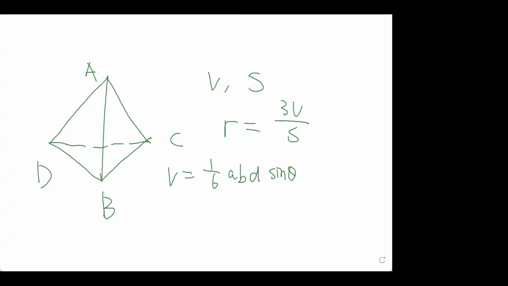I forgot to mention it, but from the Steiner theorem you can get it. If you put them together, you can get R is smaller than half of ABD over S. Because you are not sure of the sine theta, the angle, R is smaller than or equal to half of ABD over S.